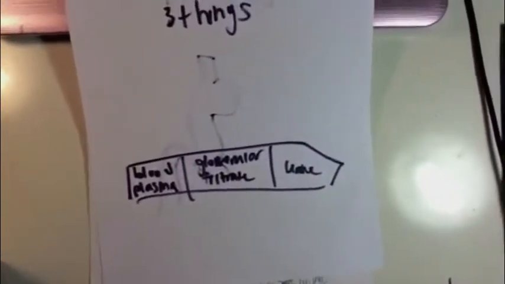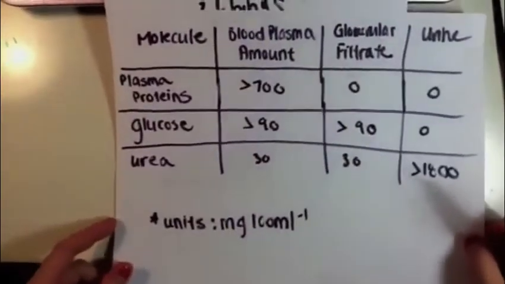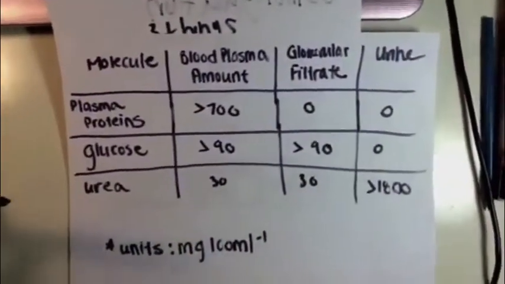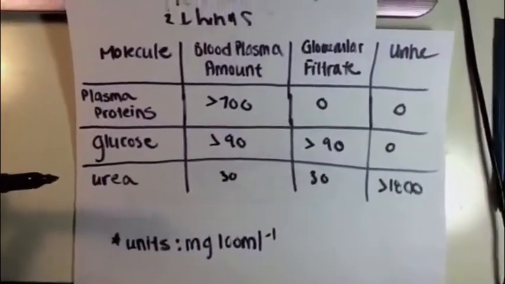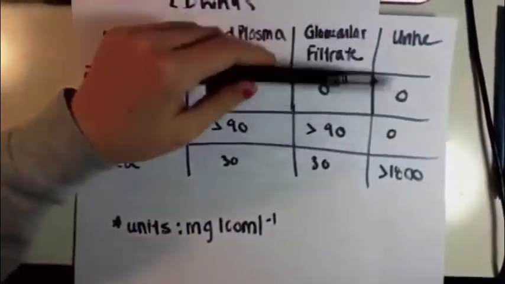If proteins are found in urine, then your blood pressure is too high and there could be damage in the Bowman's capsule. Therefore, as I have summarized in this chart, we go from blood plasma, glomerular filtrate, and urine.